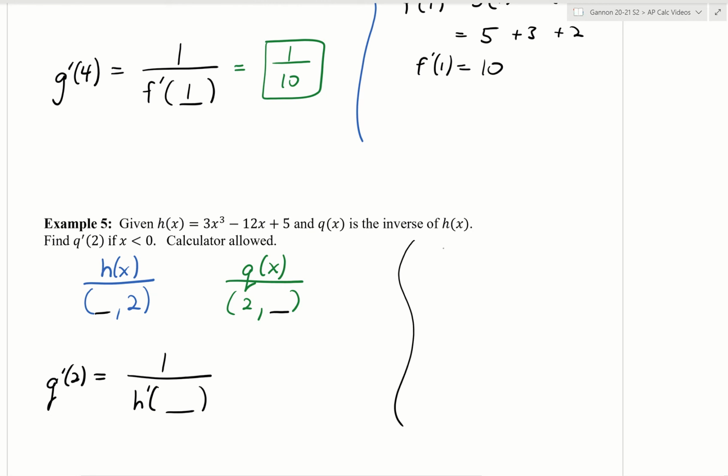So if we set up our equation, 2 equals 3x cubed minus 12x plus 5. We could set it equal to 0. 0 equals 3x cubed minus 12x plus 3. We could factor out the 3, but we really don't have a way to easily solve that.